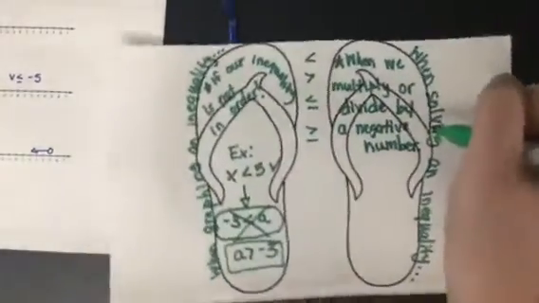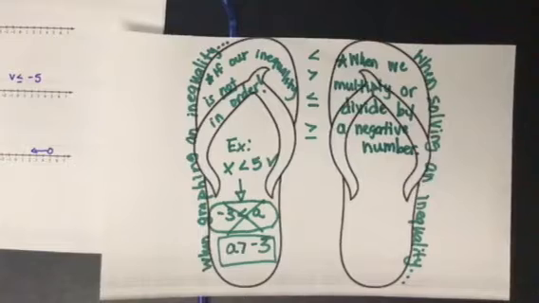We are going to flip-flop our inequality symbol. When we multiply or divide by a negative number, we flip-flop our inequality symbol.